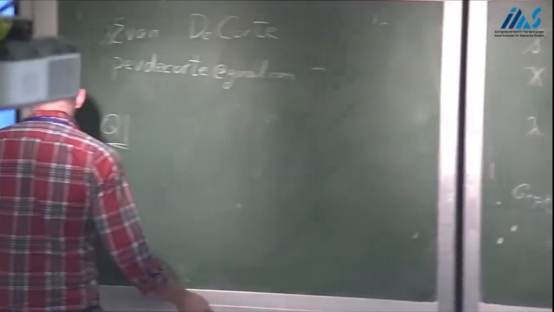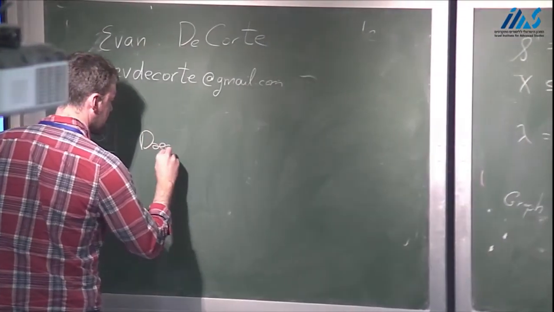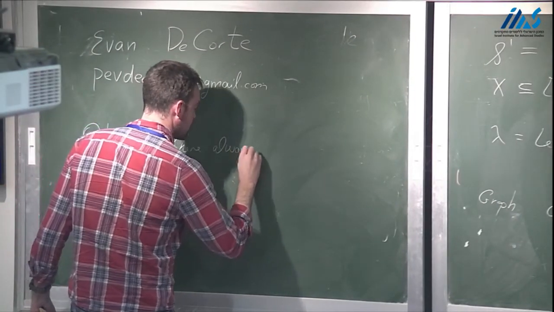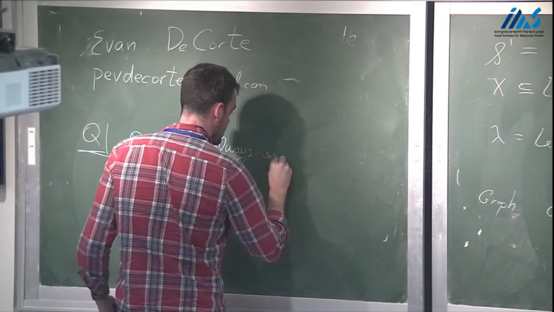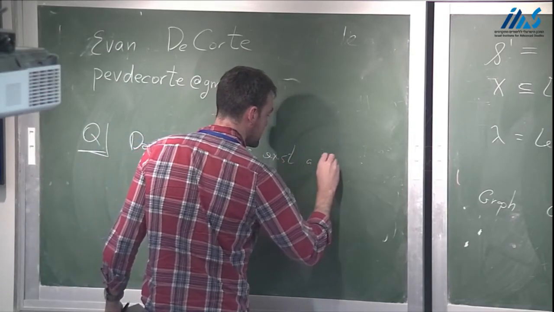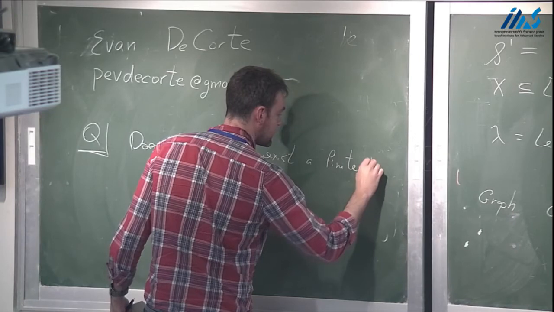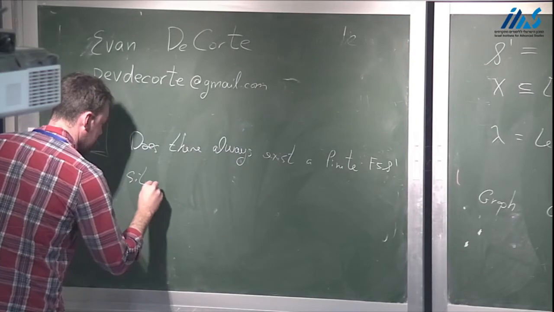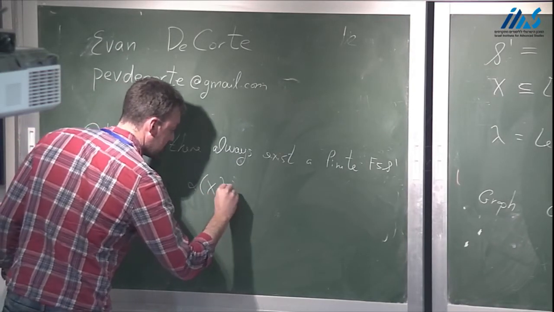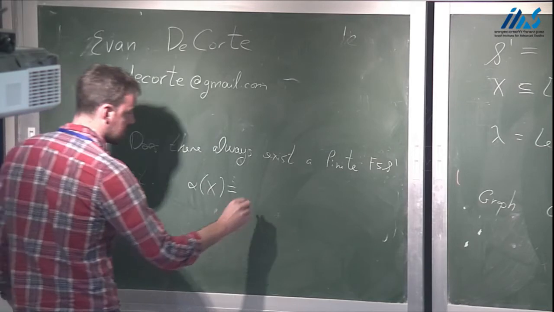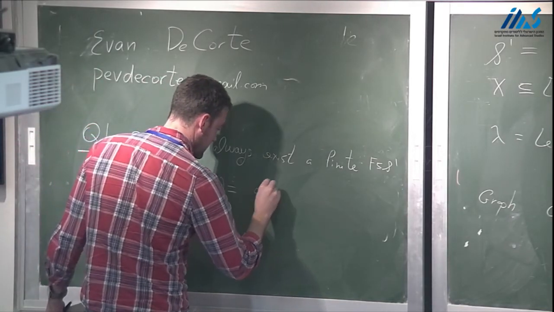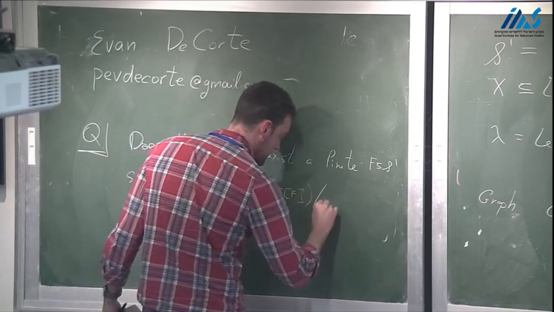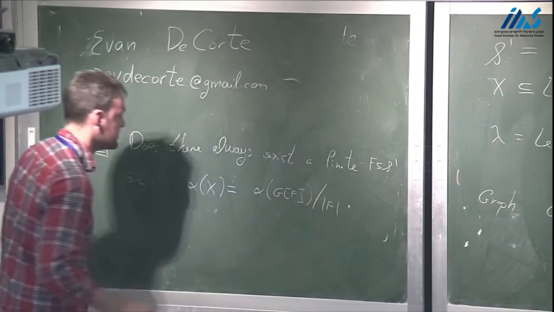So the question will be: does there always exist a finite F such that alpha of X is equal to the independence number of this induced subgraph divided by the size of F?